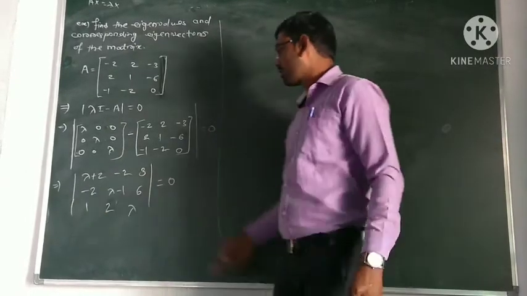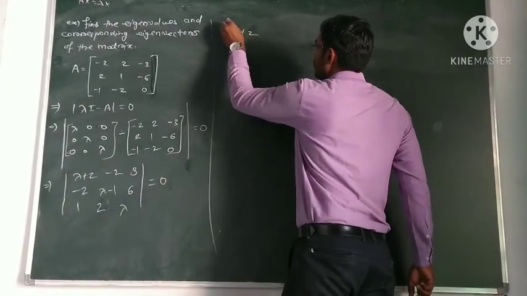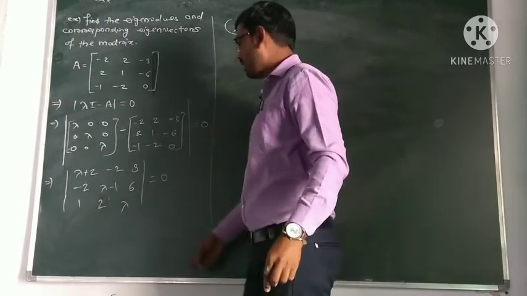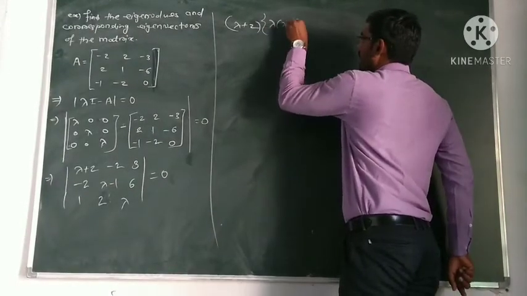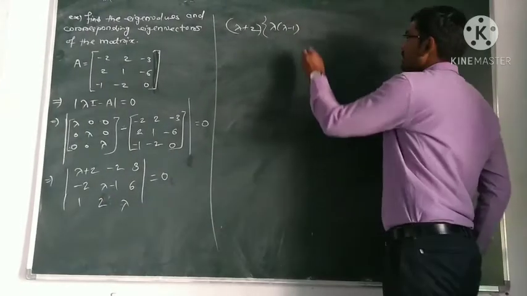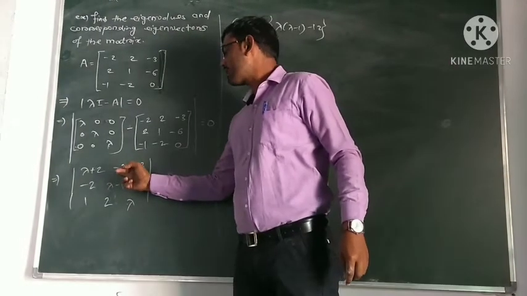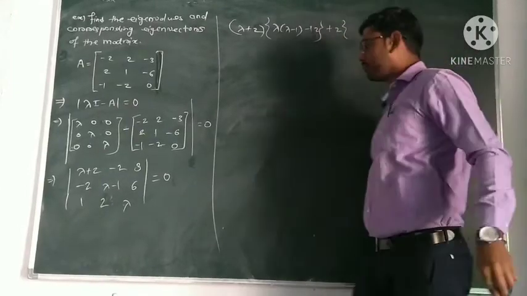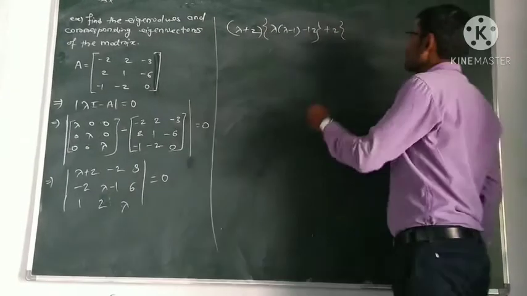Okay. So the determinant is equal to, first term as it is, that is lambda plus 2 into, what? Lambda minus 1 into lambda. So lambda into lambda minus 1 minus 6 into 2, so minus 12. Okay. Now we take minus of this. So minus minus plus, so plus 2 into minus 2 lambda minus 6.